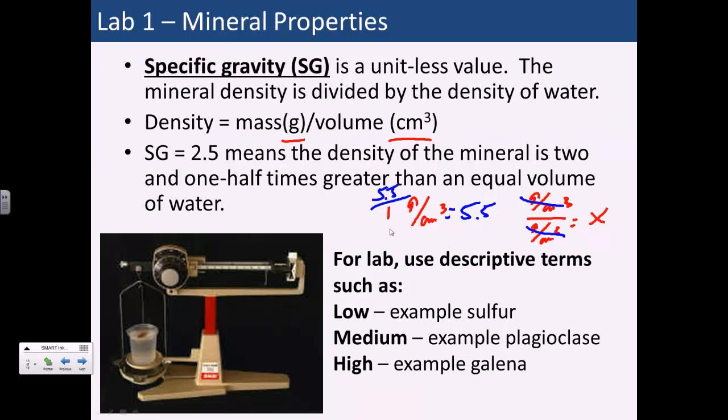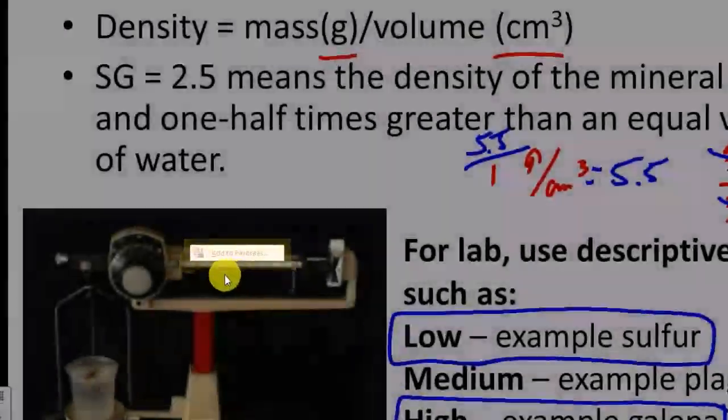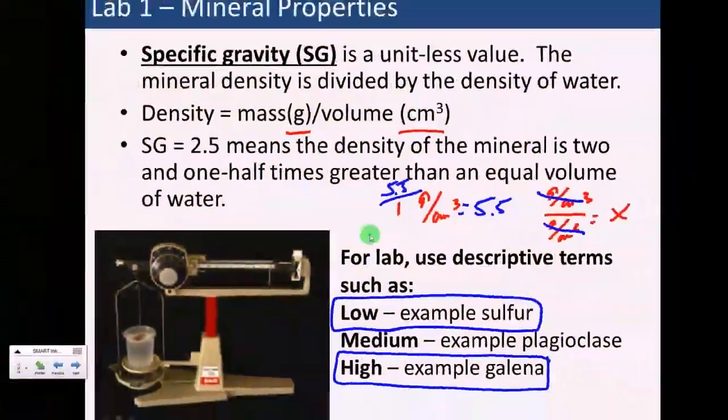You're going to group minerals into either low specific gravity or high. We can measure them in a straightforward way using some tools, but for our purposes today, we're not going to do that.